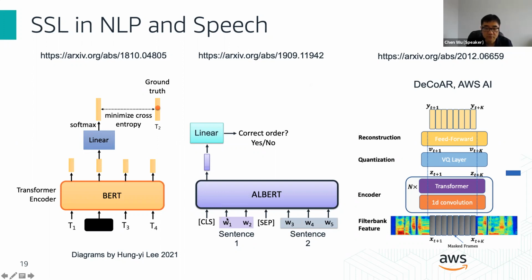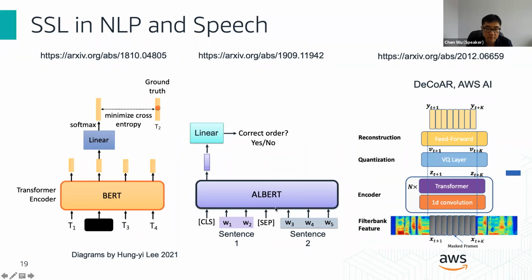The other idea is to learn the sequence. You have two sentences that originally are in the same paragraph. Now you randomly swap them. Sometimes you don't swap them, sometimes you do. When you do, you put the label as no, that's not the correct order.